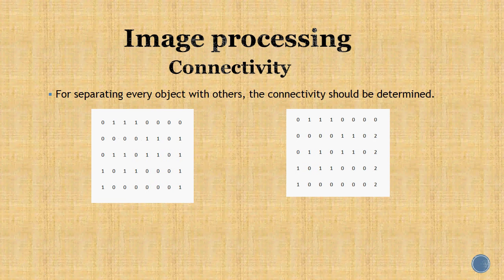Here I use connectivity, checking all the pixels in the binary image. If one pixel is surrounded by another pixel, these two pixels will be labeled in the same class. The result is shown in the right picture.